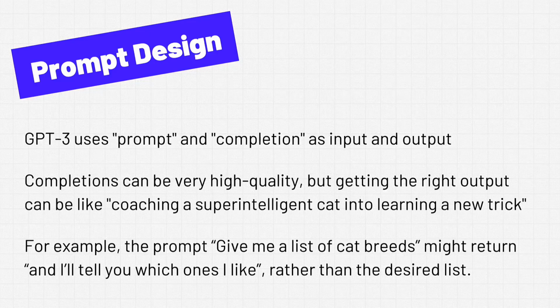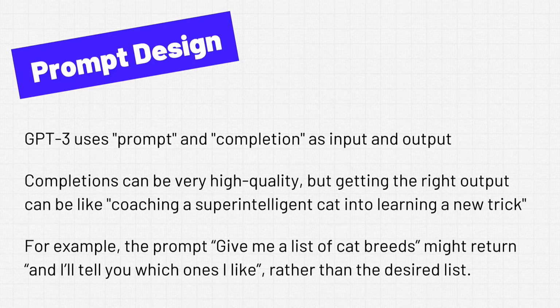Now, the completions can be really high quality even with short prompts, but an AI researcher named Gwern says that getting the right output can be like coaching a super intelligent cat into learning a new trick. And if you ever tried to teach a cat how to do a trick, it can sometimes be a little bit difficult. For example, if you give it a prompt like, give me a list of cat breeds, you'd think that it would return a list of cats, but it might actually continue that prompt with, and I'll tell you which ones I like.